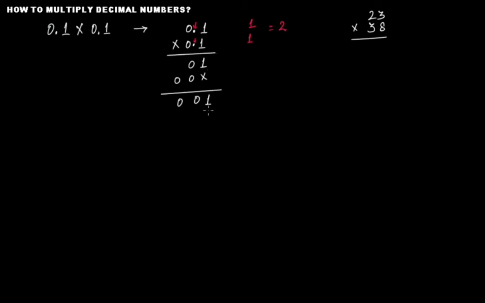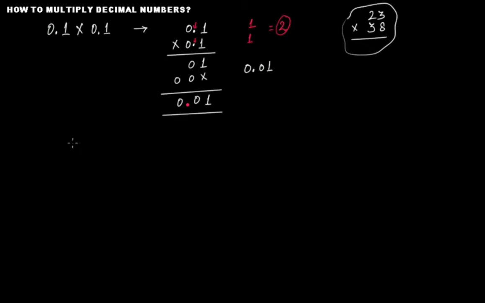So count from the extreme right digit, 1 and 2, and just place your decimal point after this number. Okay, so this will be your answer, 0.01.